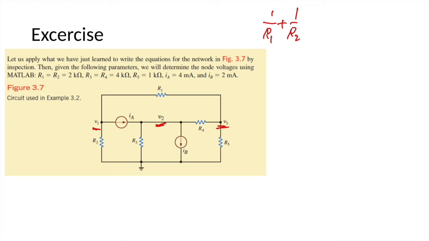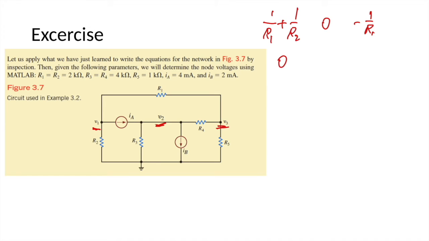And between node 1 and node 2, there is no resistor, we write it 0. And between node 1 and node 3, there's R1, so that is negative 1 over R1. And according to the symmetry, G21 equals G12, which is equal to 0.